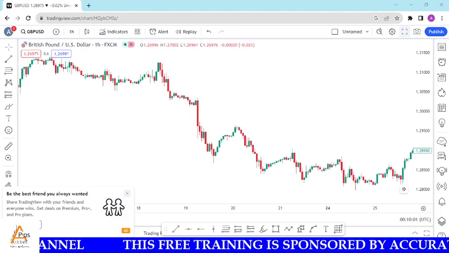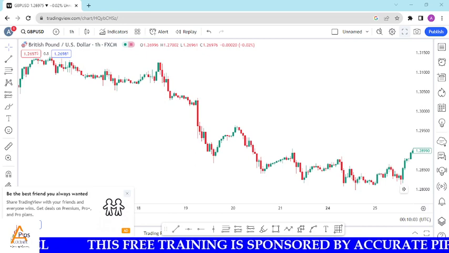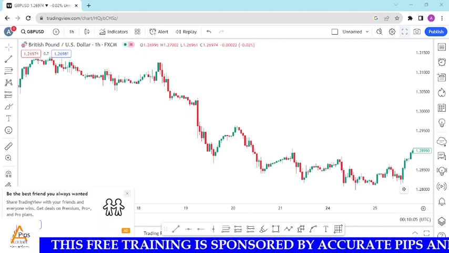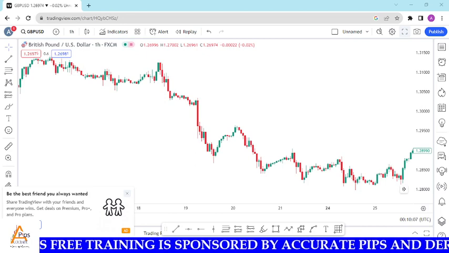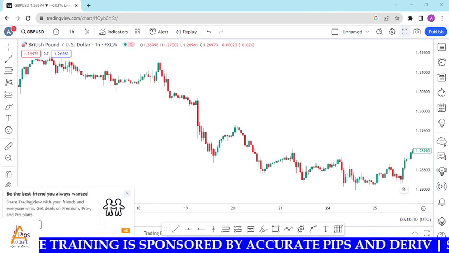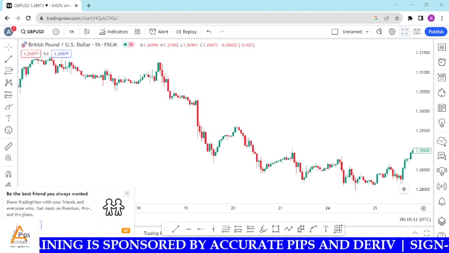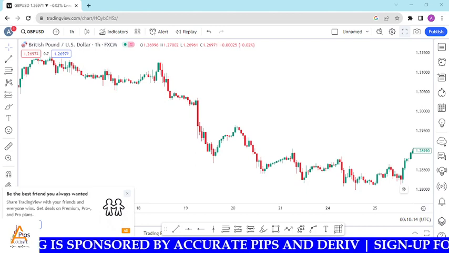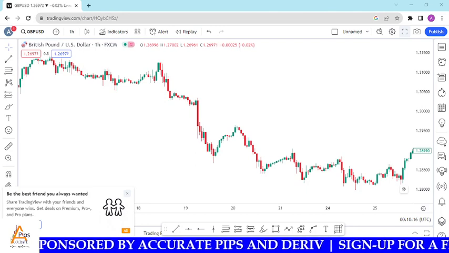Okay, we confirm a high in a bearish trend when we break structure, and we confirm a low in a bullish trend when we break structure above.